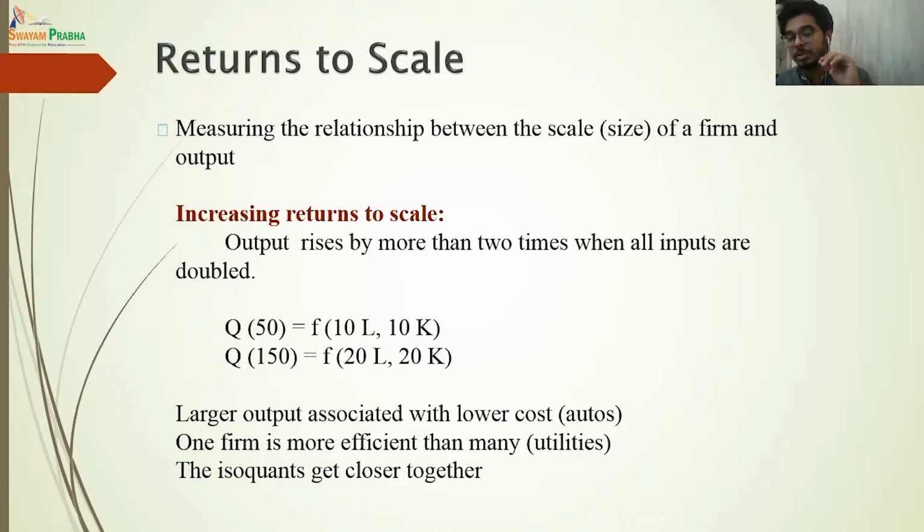And over here you can see that for the production function, Q equals 50 is a function of when we are recruiting 10 labor and 10 capital. All right, now let us understand what happens for increasing return to scale. We observe that with 10 labor and 10 capital, my total output is 50 units.